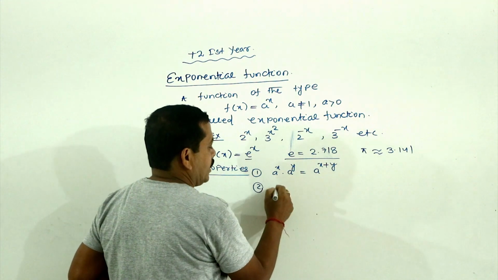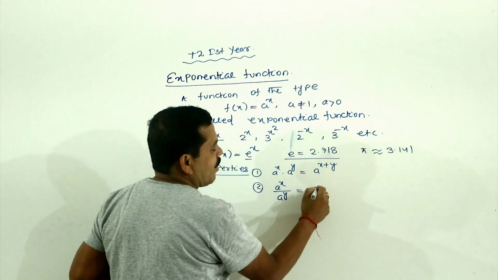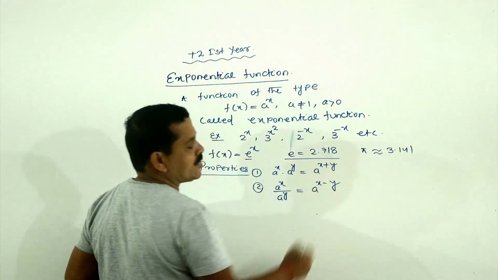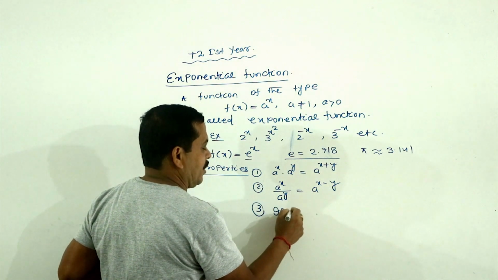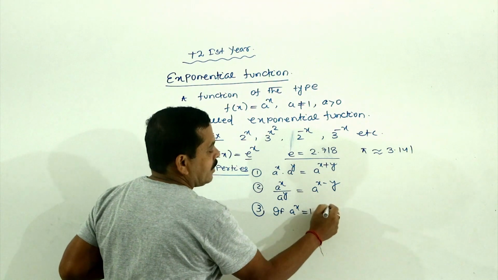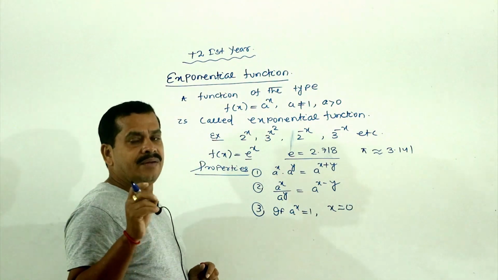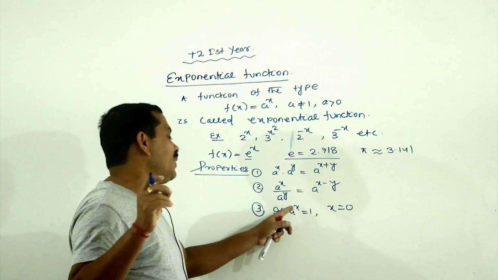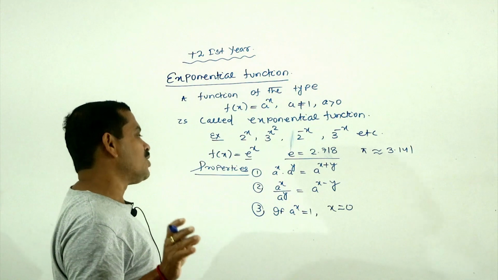Number 2, a to the power x divided by a to the power y equals a to the power x minus y. Number 3, if a to the power x equals 1, then x equals 0. We know that if the exponent is 0, then the value equals 1.